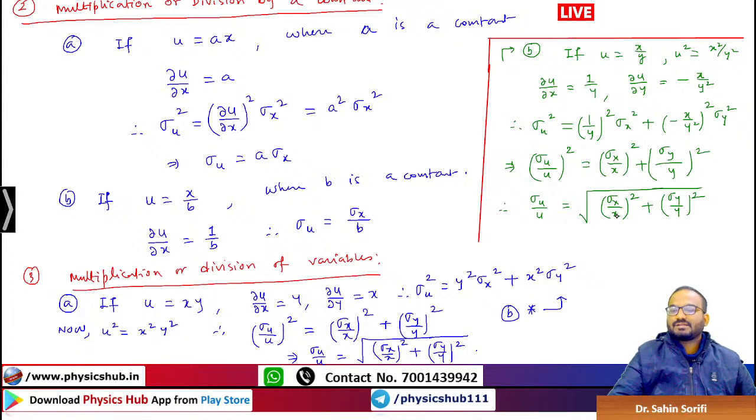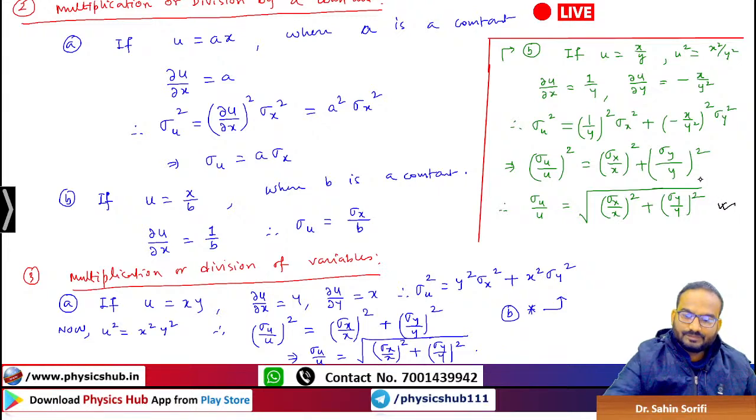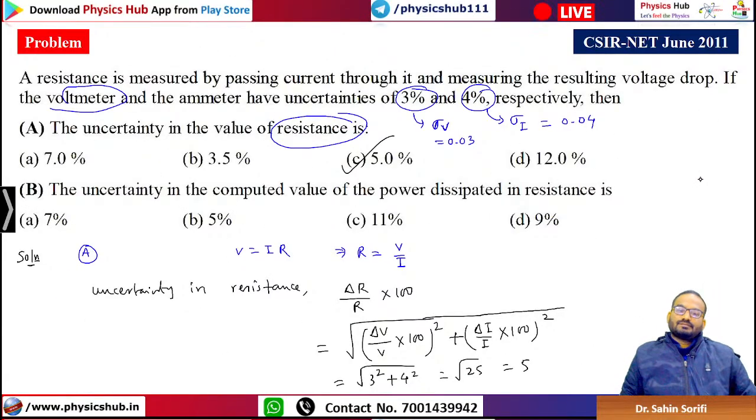Here sigma x by x is itself given to be 3%. Sigma y by y is the fractional error. You can say the percentage error is given to you, and you have to calculate sigma u by u. So we have actually applied this formula. Clear?